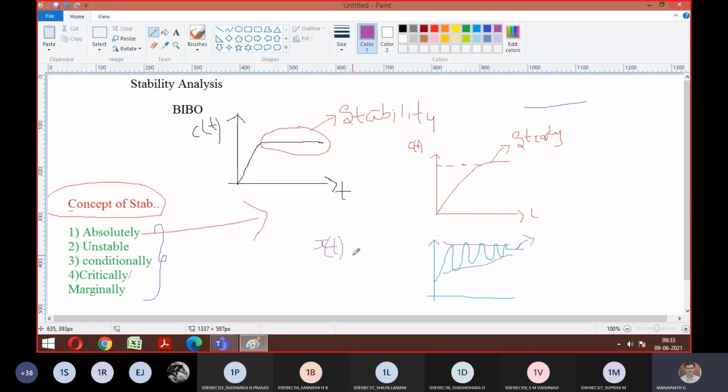If I say x of t, and you get the corresponding y of t, if the same bound is happening with respect to my output, it is called bounded. If you take t at the input and you get t at the output, this is also called bounded. If t is there at the input and you get t square at the output, then this is called unbounded. Then I can tell the system is unstable. So I hope you remember this property in signals, everyone.